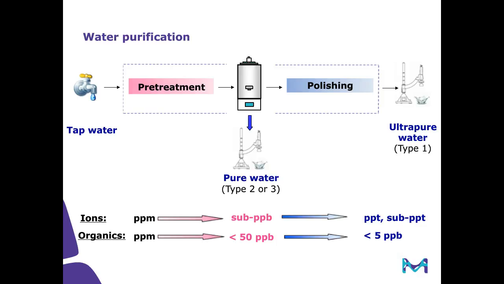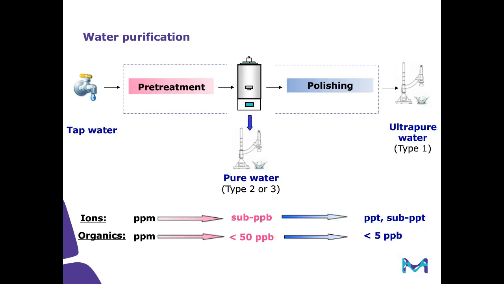If you consider that in tap water, you start with ppm, or parts per million, of ions and organics, then after the pretreatment step, you're down to below the ppb level, so below the micrograms per liter level of ions, and below about 50 ppb of organics.